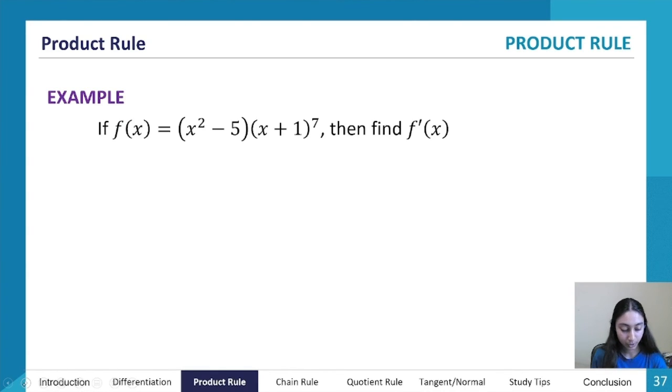Here we go. So if f of x is equal to x squared minus 5 times x plus 1 to the power of 7, then find f dash of x. I'm going to give you a minute to try this on your own, okay?